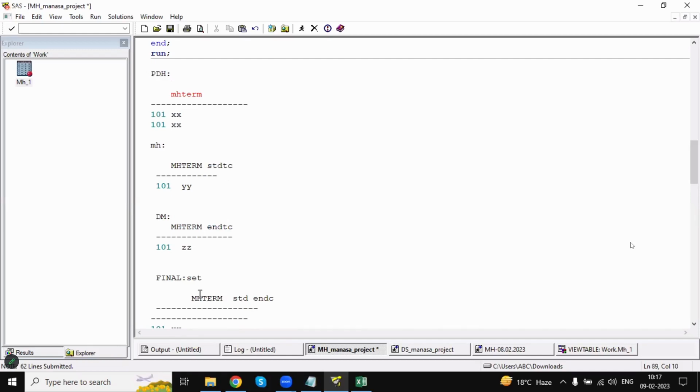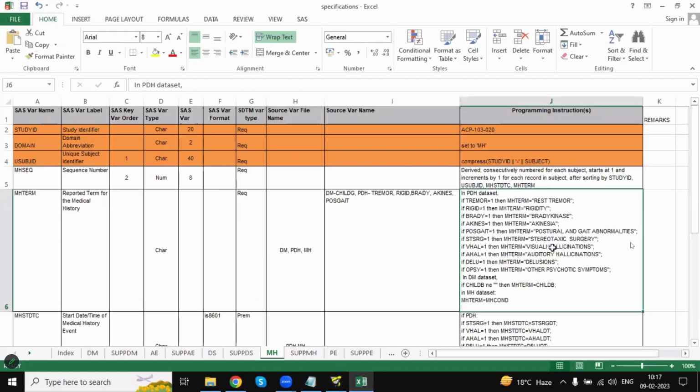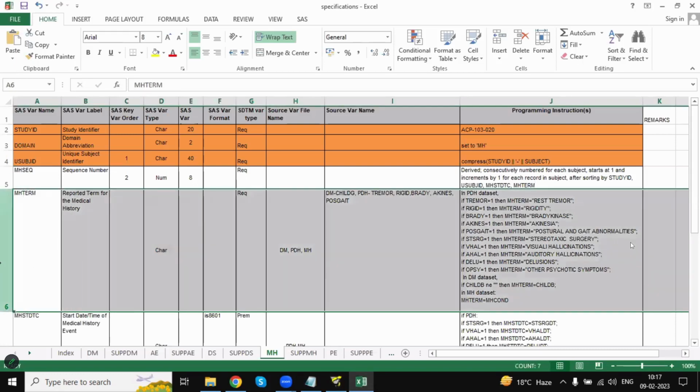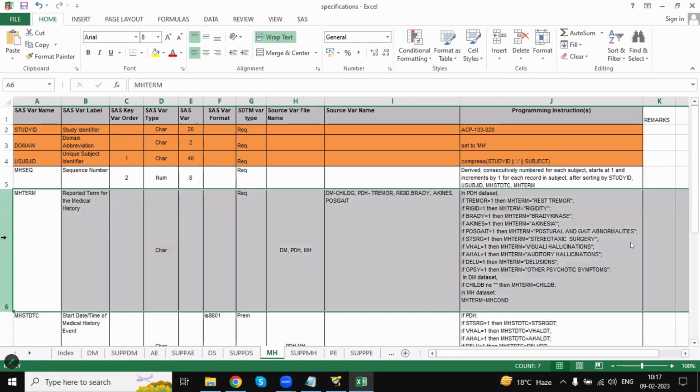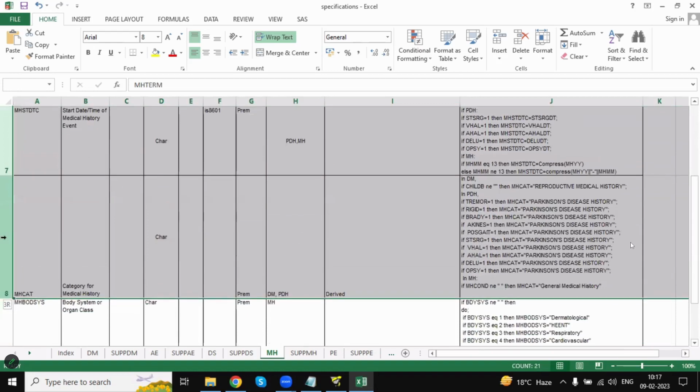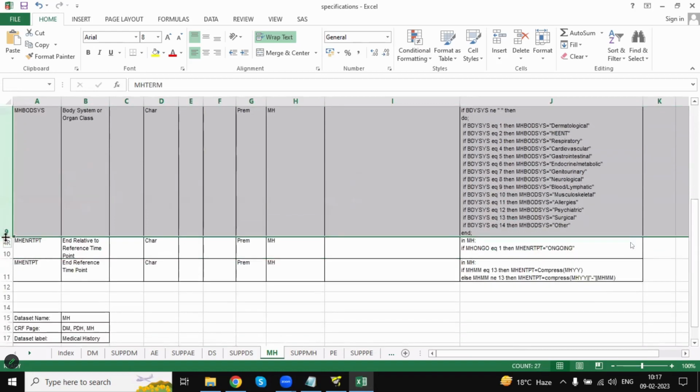Clear? Okay, Sudarshan. Don't copy paste whatever is given in the specification. Understand why I was explaining what the term means and what the start date means. There should be a connection: every term has a start date, a category, and a body system. You have to check with your data.